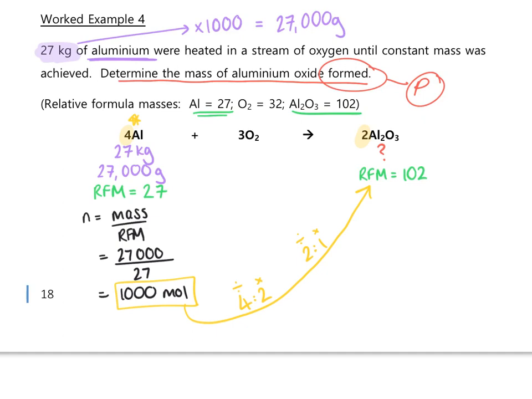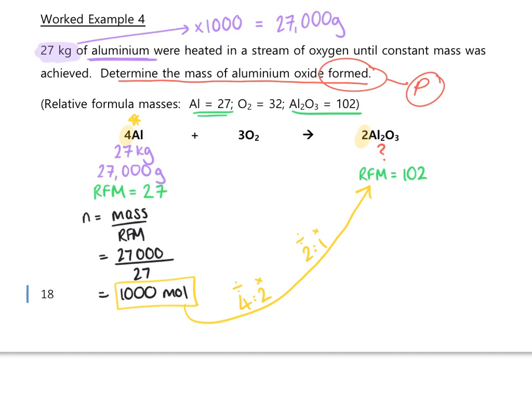So it's divided by 2 times by 1. So essentially overall what you're doing here is you're halving the number of moles. So be really careful with this, because you can see from my equation that for every 4 moles of aluminium that I have, I'm only producing 2 moles of aluminium oxide. So I'm actually producing half the moles of aluminium oxide as I had of aluminium. So just be careful you're doing it the right way around.